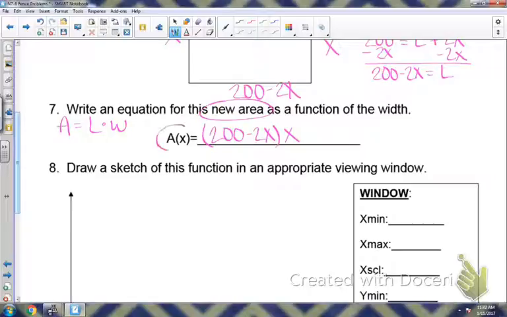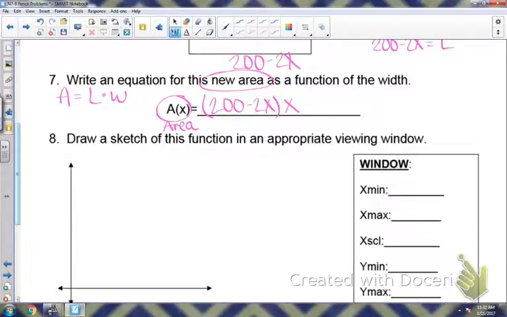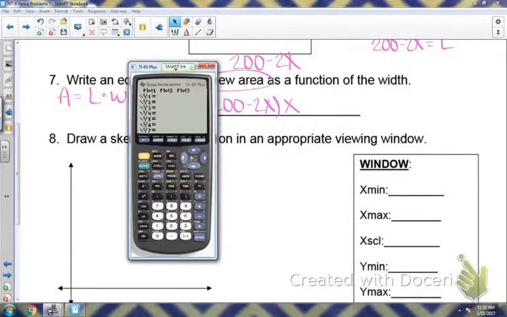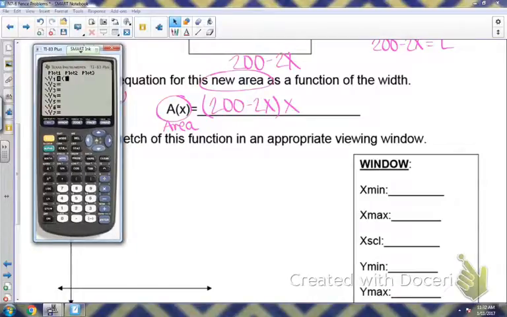Remember, this is area. Okay, we're going to draw a sketch of this new function. So we need to go to our y equals. We're going to change that. It needs to be in parentheses 200 minus 2x and then times x.